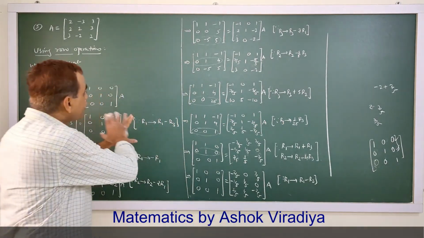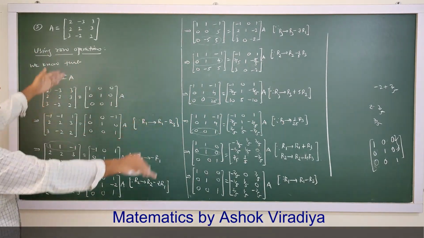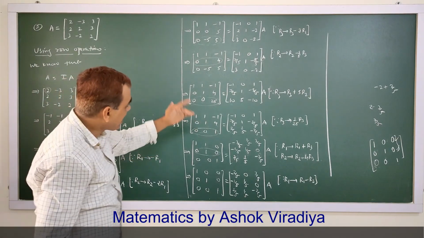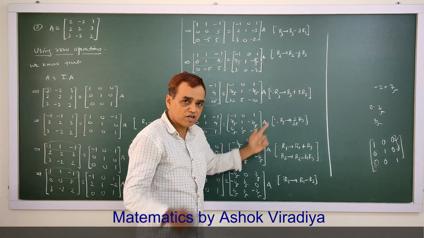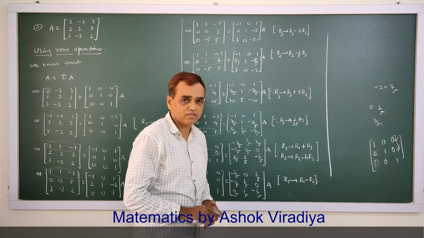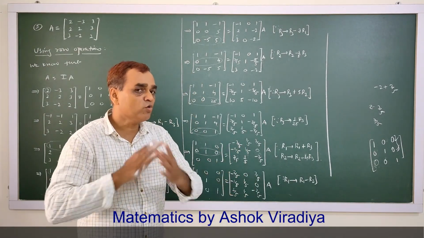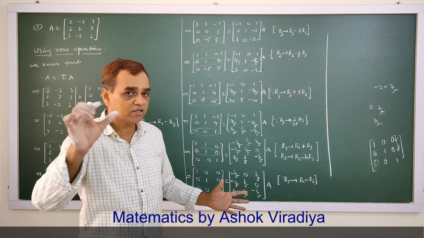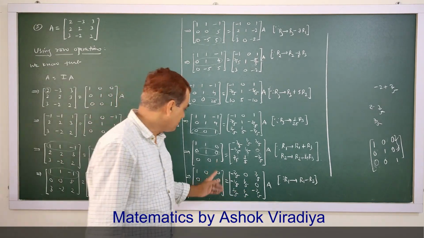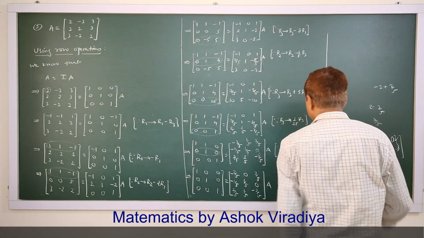And nowhere column operation is used, everywhere row operation. In any step, don't mix column operation. If you perform by column operation, in every step do only column operation, not mix row operation. So this is A inverse.